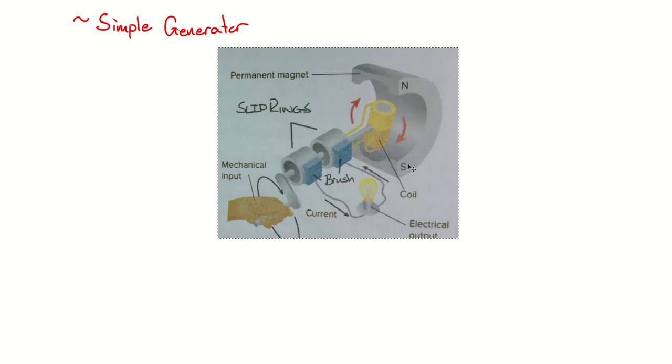As I generate this, I now have current being generated because it's moving through the magnetic field, just like we talked about just now. Now, there's some fancier stuff going on in here that if you're really interested, there are lots of YouTube videos that'll make sense of this pretty easily. If you want to make your own electric motors, they're not crazy difficult. But as I turn this, I generate current in this coil, which then flows through some pretty fancy stuff in here, allowing me to get the current to flow. Cool. Nothing crazy about that.